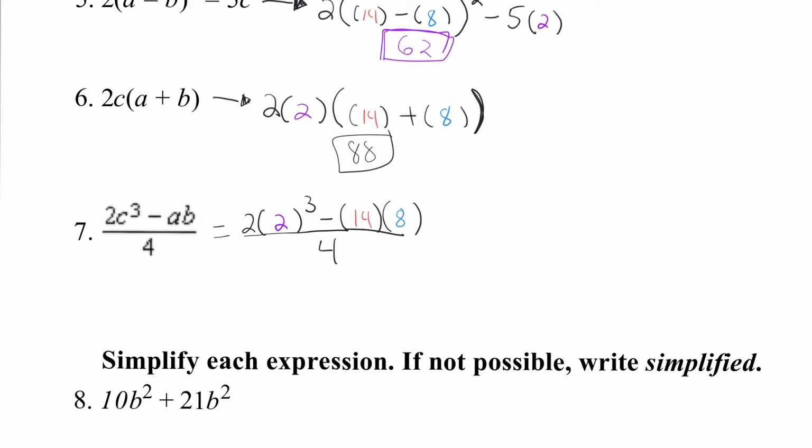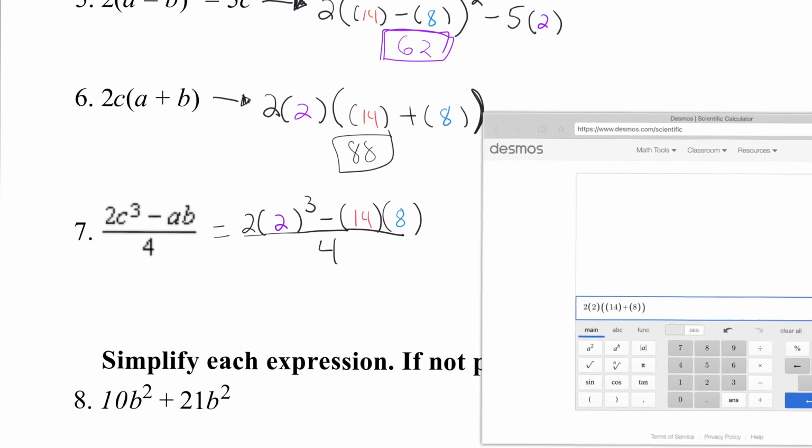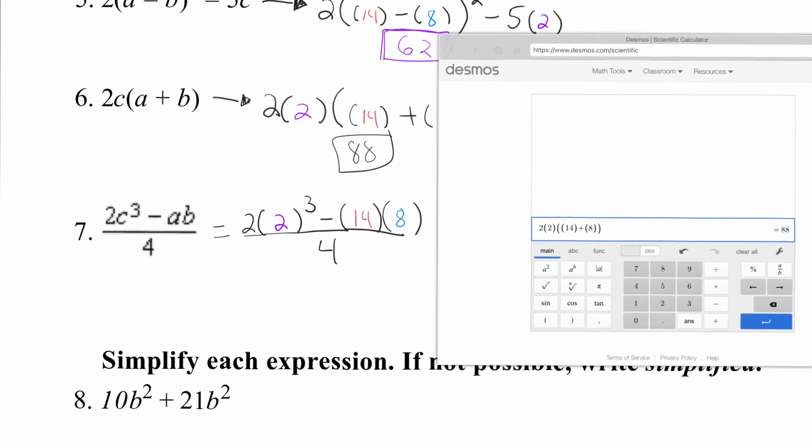Using the calculator, you are going to input all of that, so let me just get the calculator here, and you will have a fraction, so let me make a fraction right there. On the top, you have a 2, parentheses, 2, and then you are going to use the button. This button right here that has the little b as an exponent, that's going to help you put the exponent of 3.